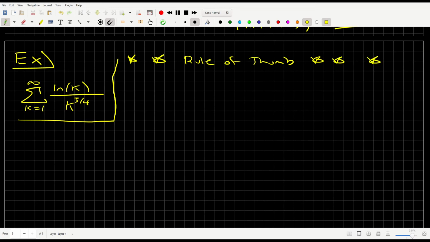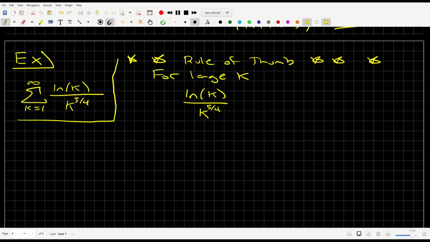This is going to be looking at what the terms in this series look like for very large values of k. So we're going to look at the natural log of k over k to the 5/4 when k is very large.